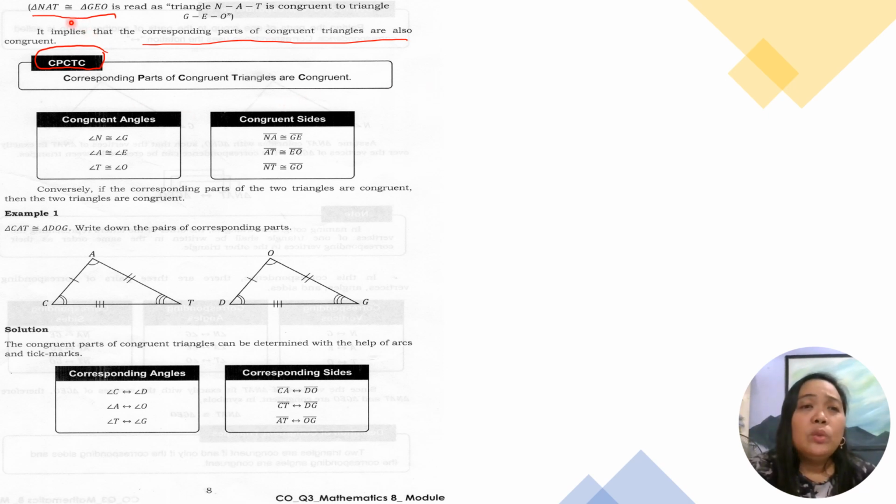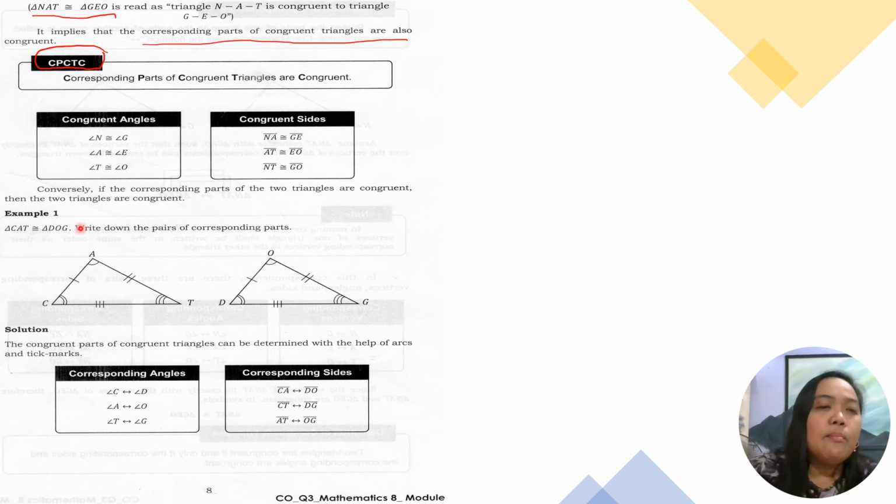So when two triangles are congruent, it implies that there is CPCTC. As we have written earlier, these are the congruent angles, which are corresponding parts of two triangles. Here are the corresponding sides, where the corresponding parts of two triangles coincide and are congruent.